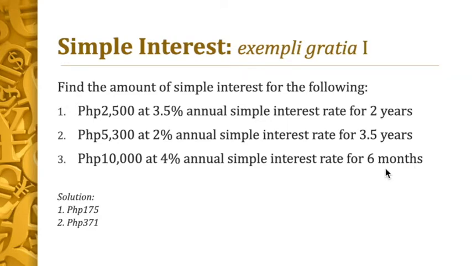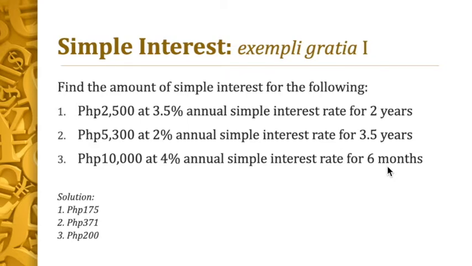We know there are 12 months a year, so 6 divided by 12 is 1/2, right? You could put 1/2 if your calculator can show it, but in my calculator, I'll put 0.5. It's still the same. If I hit the equals button, it will show me 200 pesos.